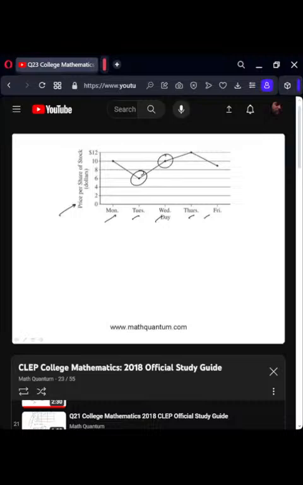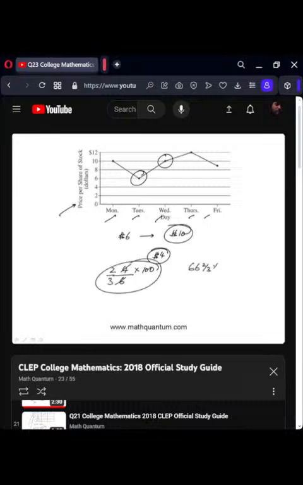So looking at Tuesday to Wednesday, the closing price on Tuesday is $6 and it increases to $10, so we have an increase of $4. As a percentage of the original, that's 2/3, which as a percentage is 66 and 2/3%, or approximately 67%, and that's answer choice C.